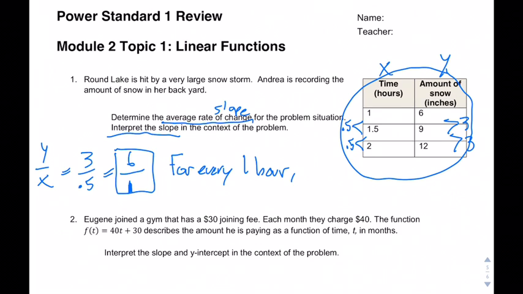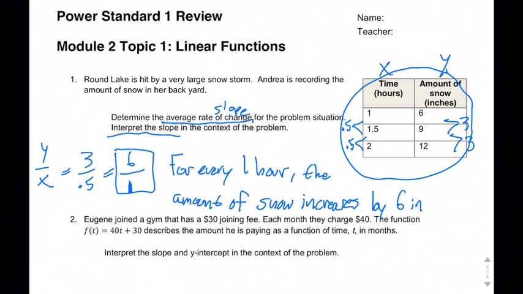So for every 1 hour, the amount of snow increases by 6 inches. All right, pretty straightforward for that one. Just remember, slope is change in y over change in x.